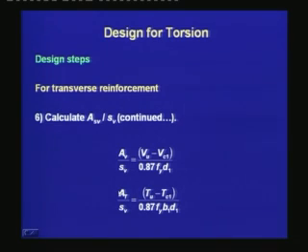The second expression is for the torsional shear, where the torsion to be carried by the steel is Tu minus Tc1, and that divided by 0.87 Fy times B1 times D1 gives the amount of transverse reinforcement to carry the torsional shear. These two are combined to get the value of ASV by SV.